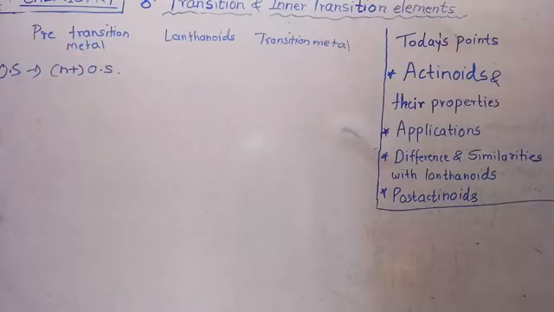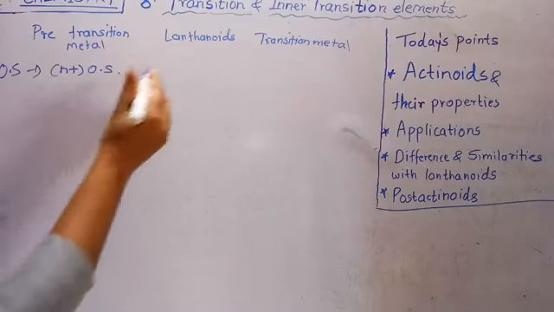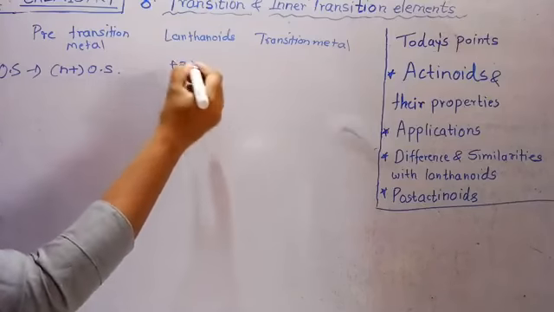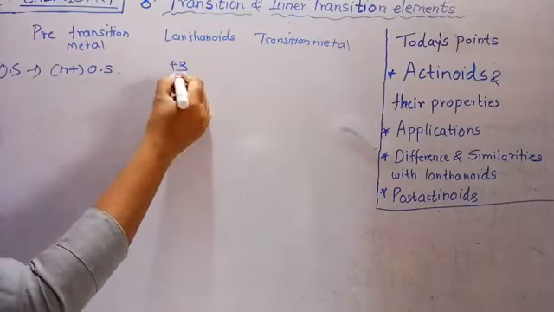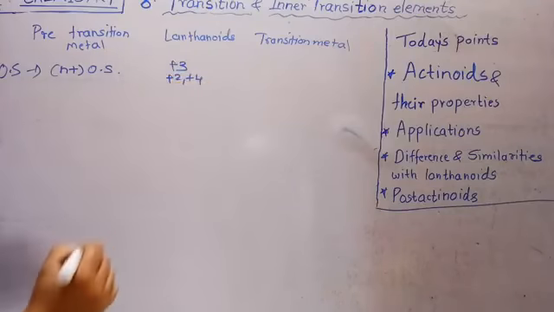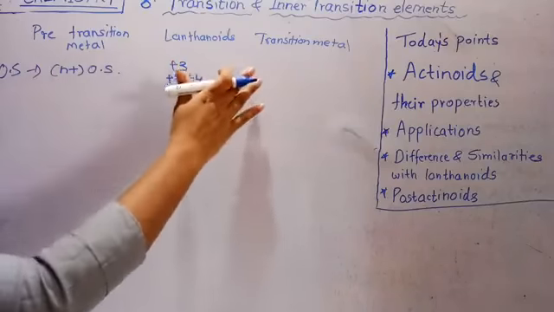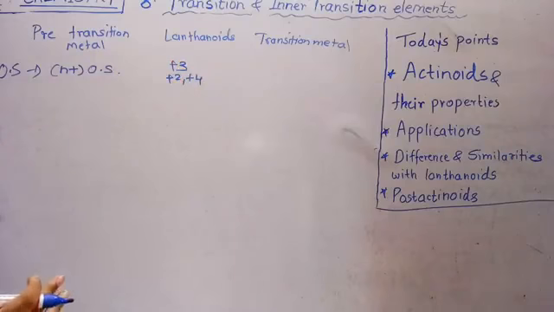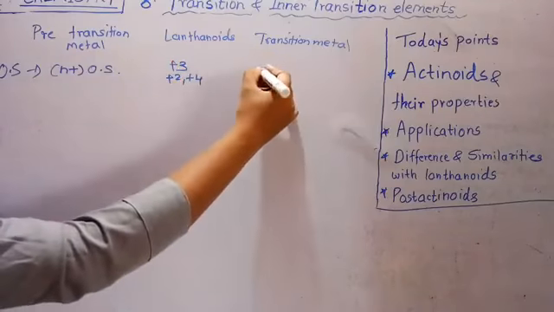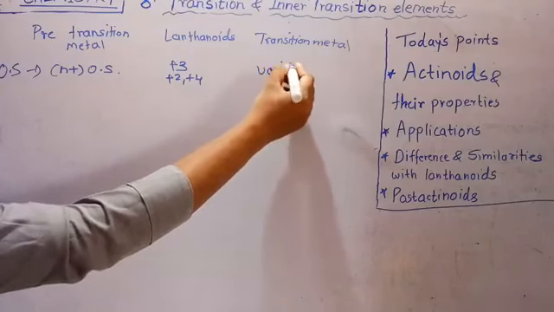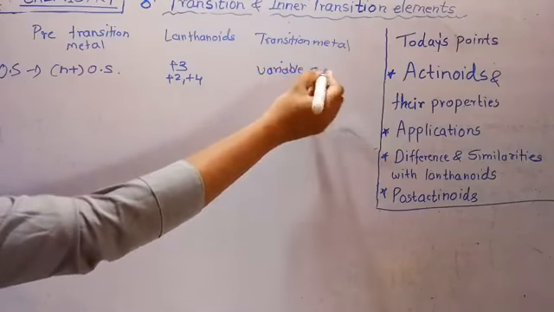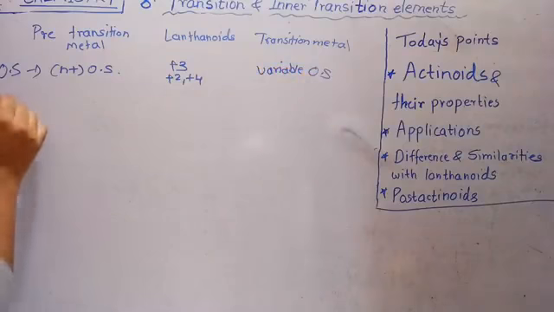Then second, lanthanoids show the common oxidation state +3. Besides +3, they show +2 and +4. Then for transition elements, there is the availability of electrons in the d orbital, so transition elements show variable oxidation states.